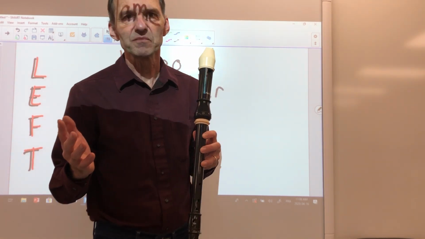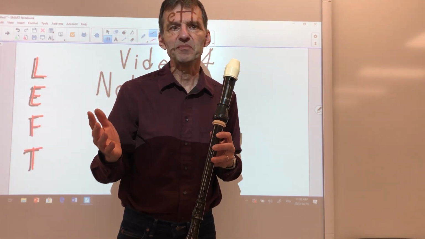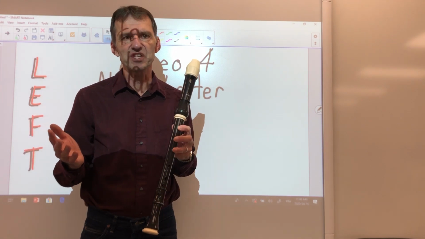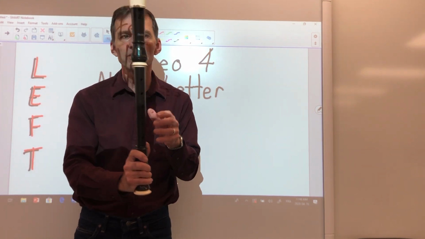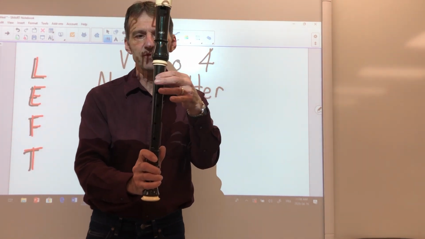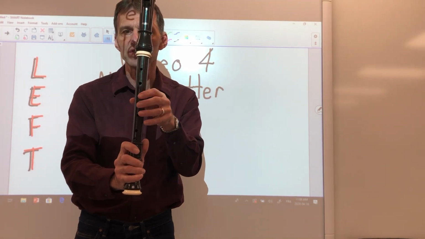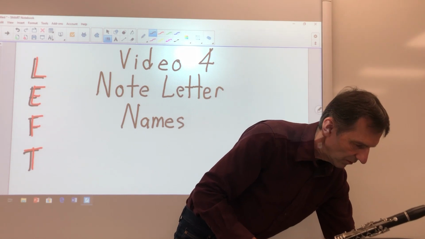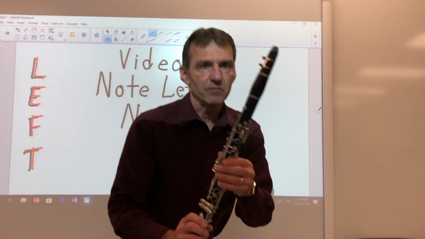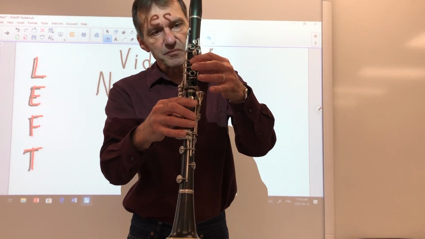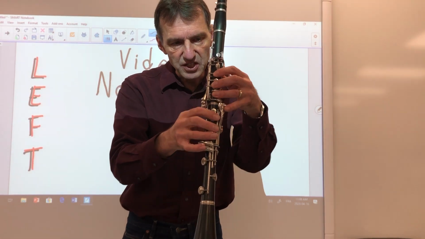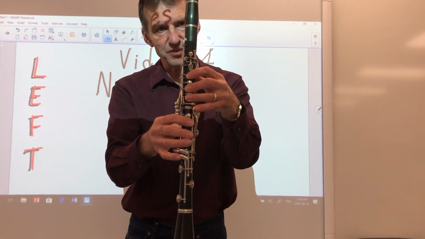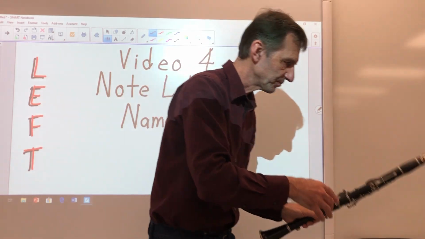Each of those notes does have a letter name, and we use letter names in music all the time. Your recorder will have letter names for each finger combination you use. On instruments like the clarinet, each of these holes and each of these keys also has a letter name.